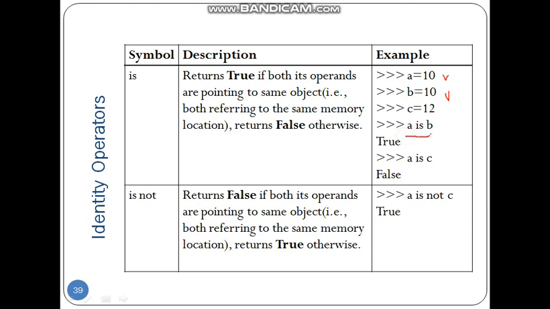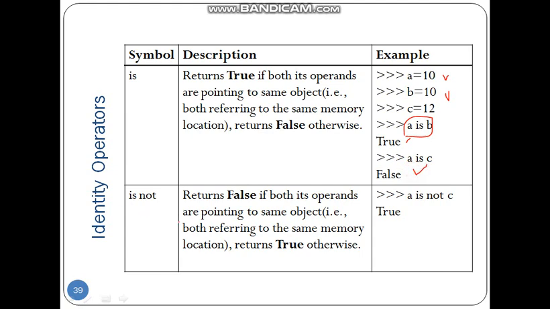Then we are using the identity operator here. A is B. Is A B? Yes. A is 10, B is also 10. So it is giving a true value there. Then A is C. A is 10, C is 12. So are they equal? Is A is C? No. So it is giving the false value.